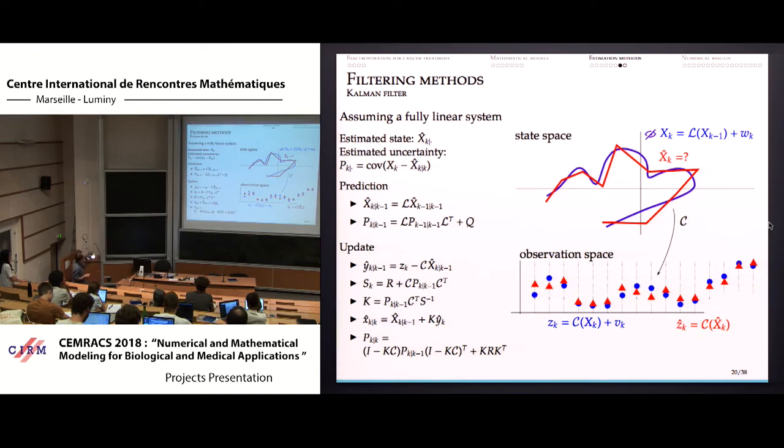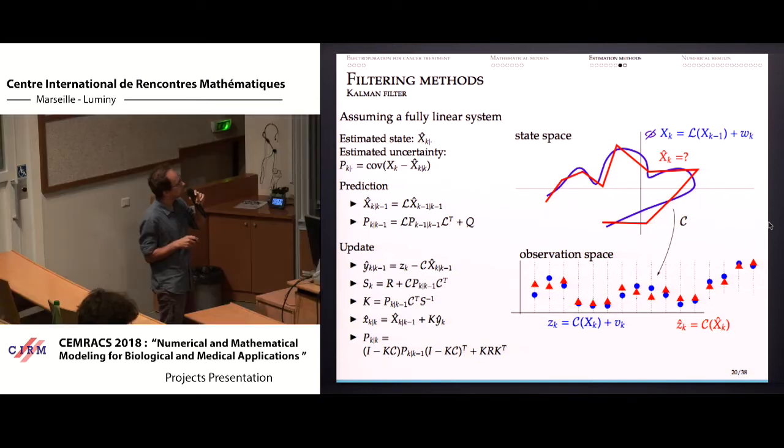Then you update your prior estimate by looking at the data, where z_k is the observation you made plus some noise.